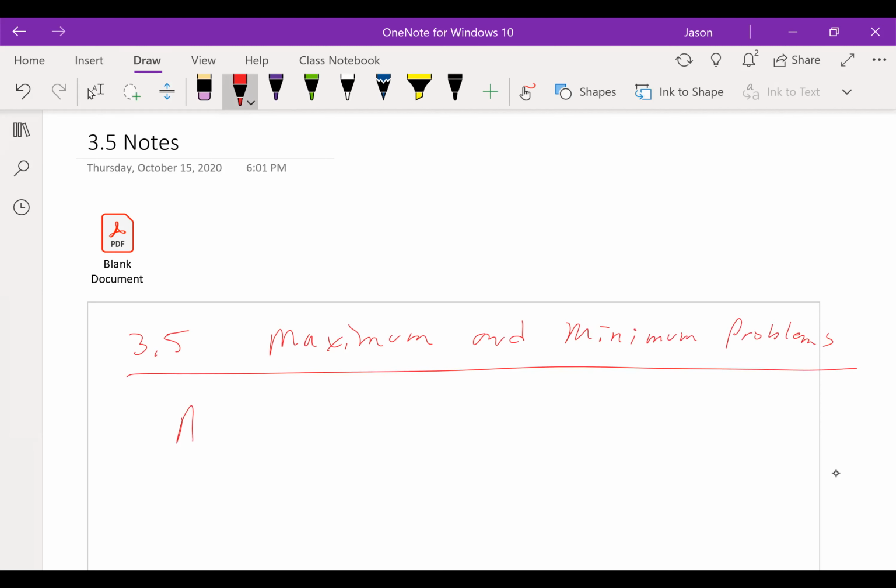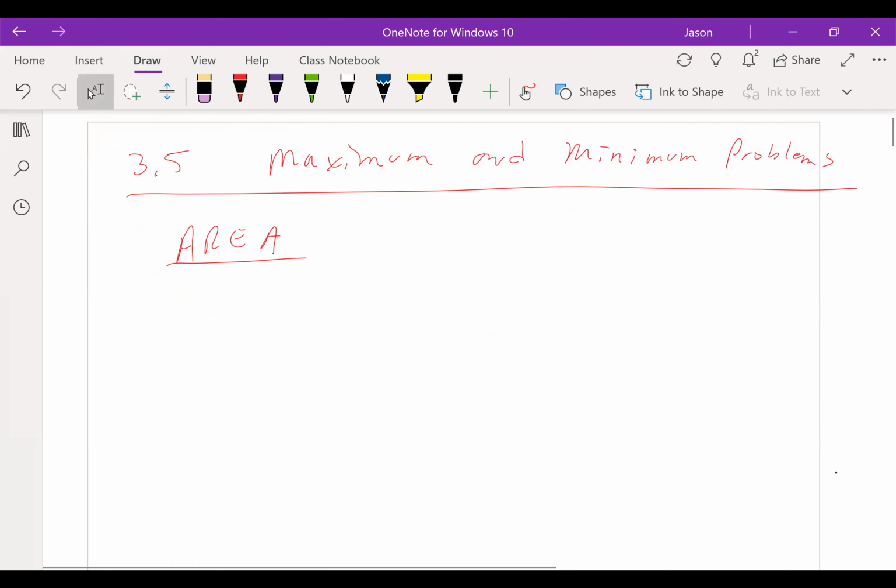So area, let's look at an area problem here, from geometry. Okay, area.